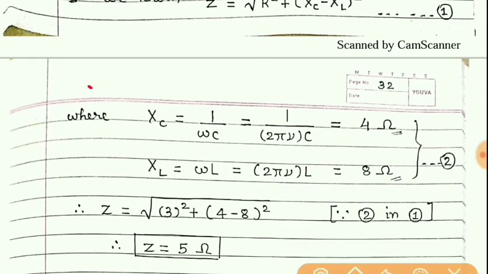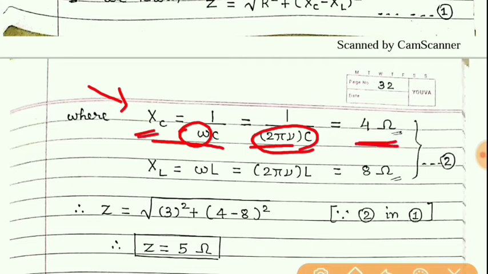Xc, the capacitive reactance, is equal to 1 upon ωC, that we know, where ω is equal to 2πν. Now these values are given, so just put these values and calculate. You will get Xc approximately 4 ohm. Students, you may get some variation in this value, but if you round it up, you will get 4 ohm.